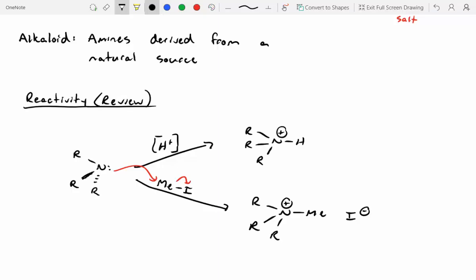What's the shape of a neutral amine? Does anybody remember? If we're looking at this guy, what's its geometry? Trigonal pyramidal. However, anytime we look at the quaternary salts or the ammonium salts, we're looking at something that is just normally tetrahedral, right?